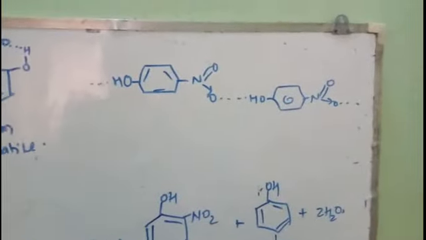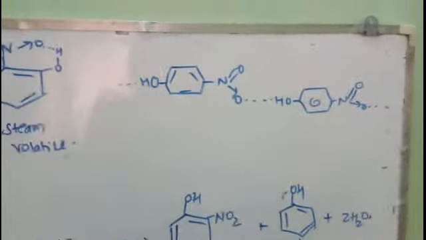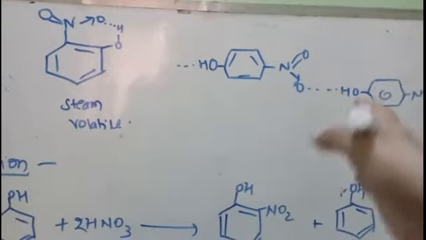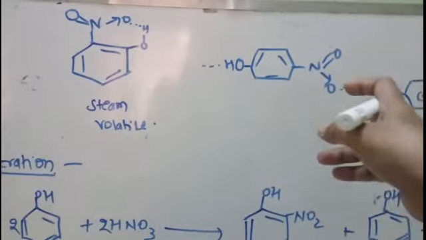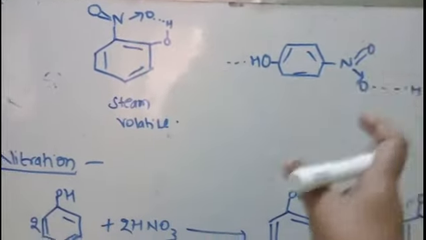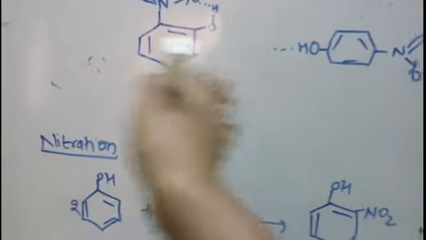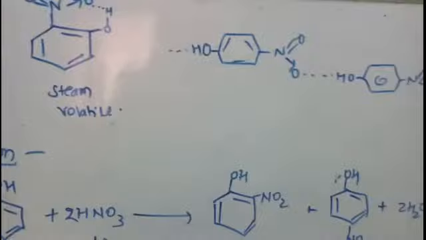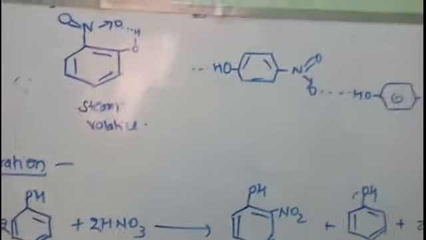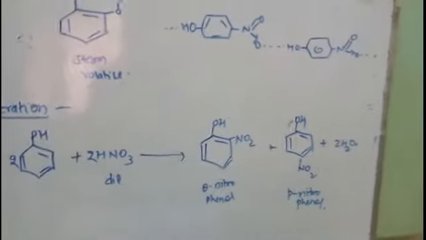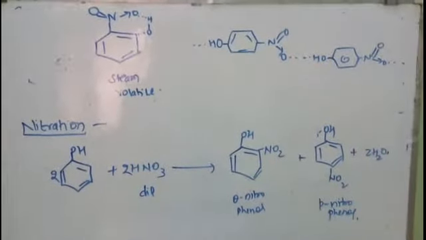So two molecules will be attached together, and when two molecules are attached together, it is difficult to separate, so they have a high boiling point, and they will not be steam volatile. So when we distill it, the ortho isomer will vaporize first, we can collect the vapors and condense them, and the para isomer will remain in the distillation flask, so both of them can be easily separated. So in the presence of dilute nitric acid, we got orthonitrophenol and para-nitrophenol.